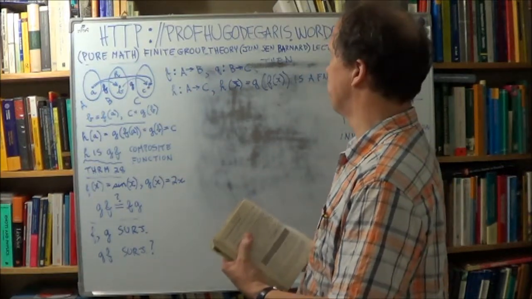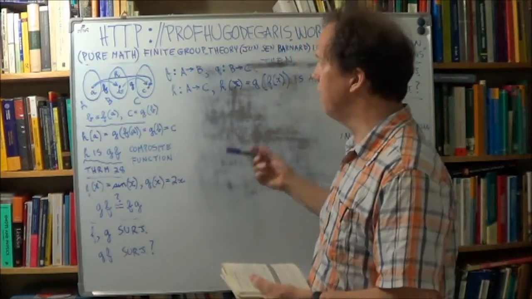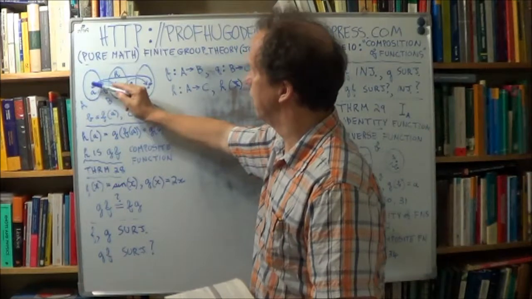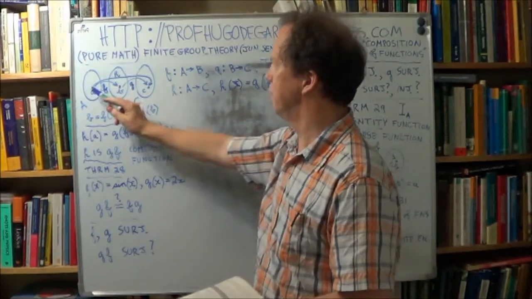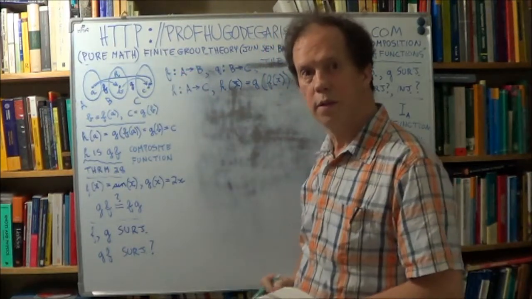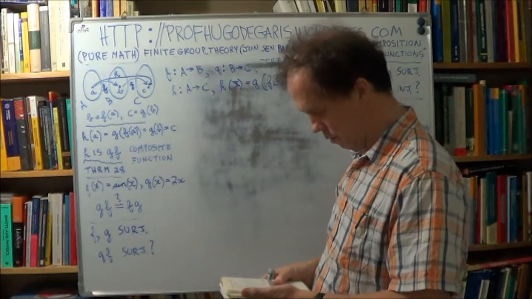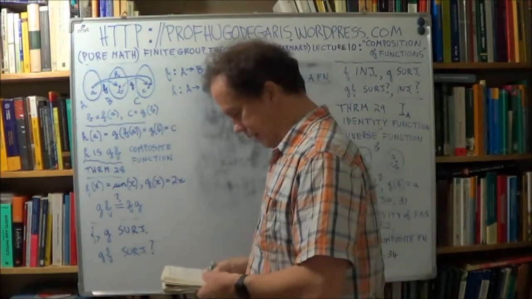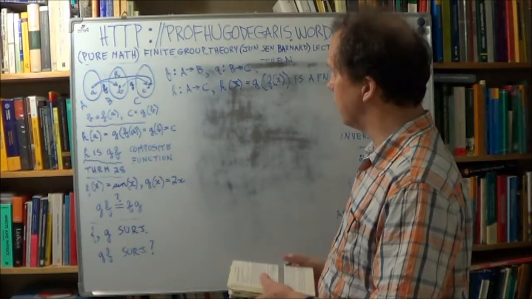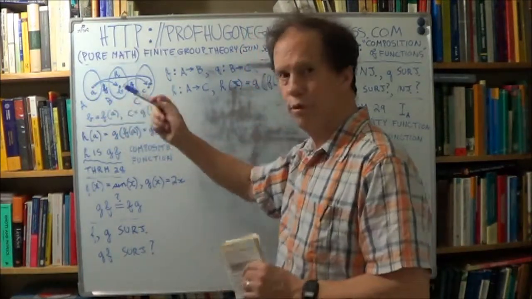So how do you go about proving that? Well, how do you prove anything is a function? You have to show that every element in A maps individually to a unique element in C. So this is theorem 28. Let's not do it verbally, really.